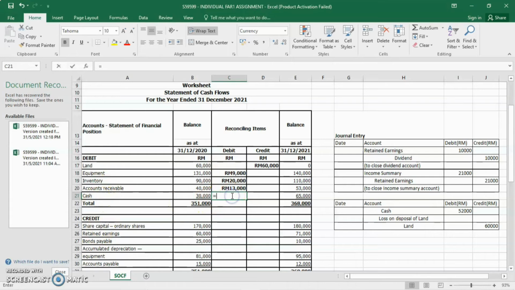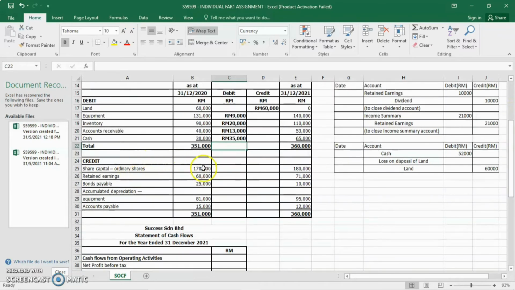For cash, 65,000 minus 30,000 and get 35,000. Increase in cash by 35,000, we should put it in debit column because cash is a debit balance. So when cash increase, we need to debit it.